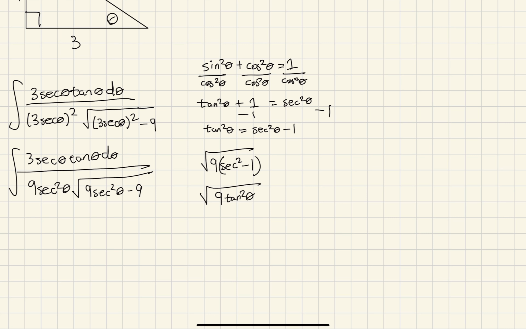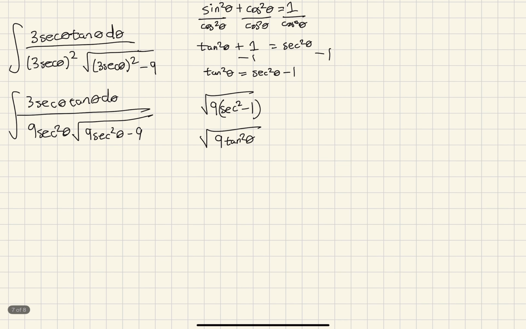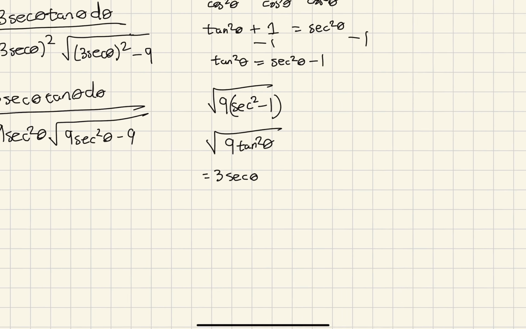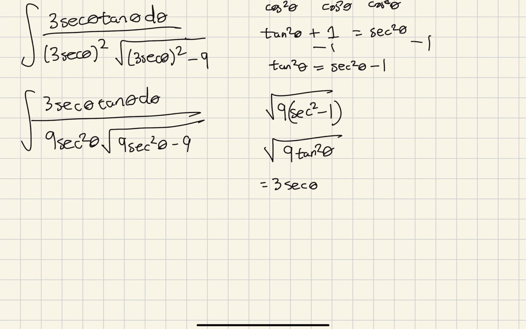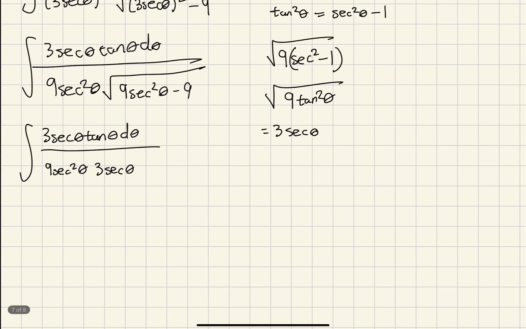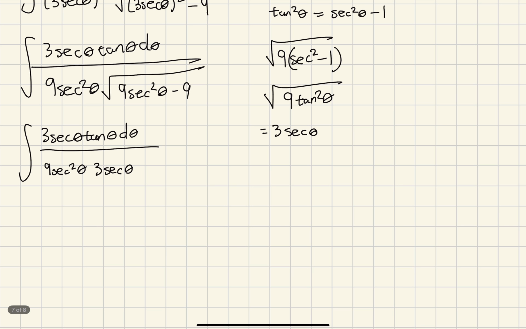So now we can get rid of the square root, and now this equals 3 tan theta. So let's go ahead and replace everything. 3 secant theta tan theta d theta over 9 secant squared theta times 3 tan theta.